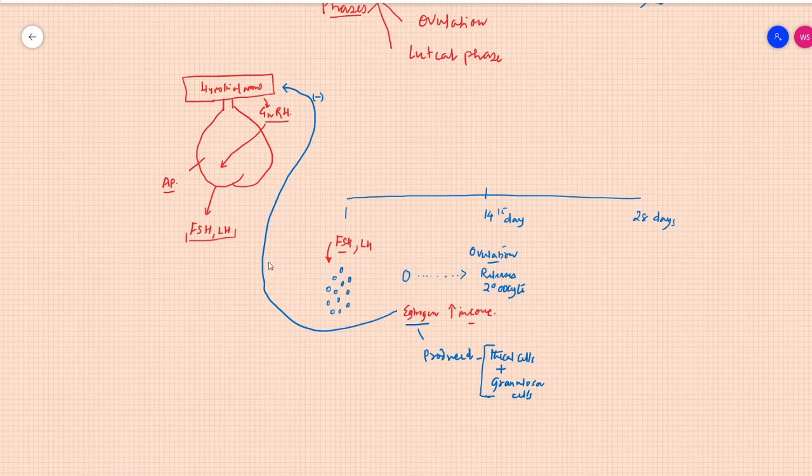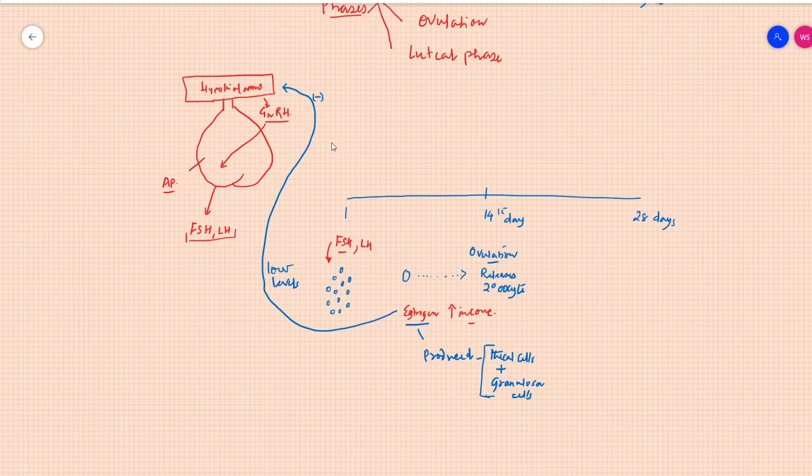So low levels of estrogen decrease the release of GnRH. As a result, FSH and LH will not rise. It won't increase. It will kind of taper down.